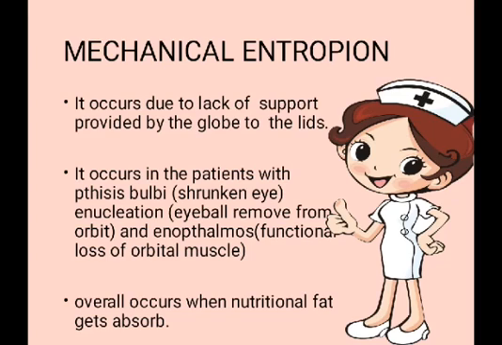Enucleation means the eyeball is removed from the orbit, and the patient has to live with an artificial eye for the whole life. And anophthalmos is a functional loss of orbital muscle. In our eye, orbital muscle is present, which is attached to the orbit or globe, and its functions get lost. The functions performed by orbital muscles are not performed by our eye. Overall, mechanical entropion occurs when the orbital fat gets absorbed.